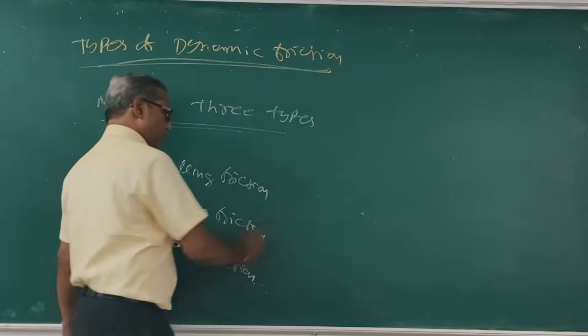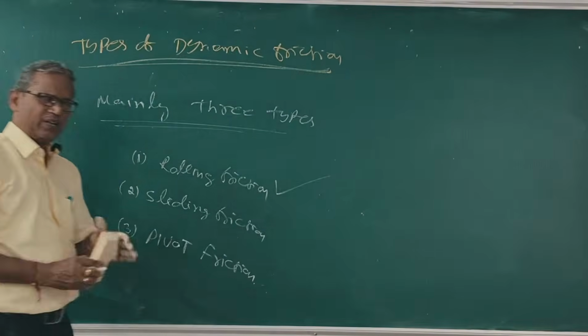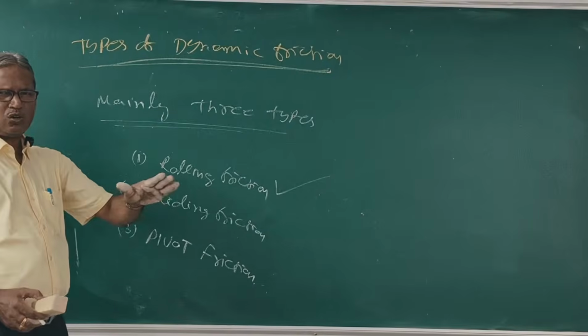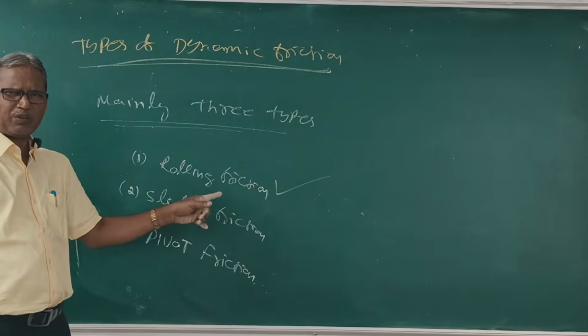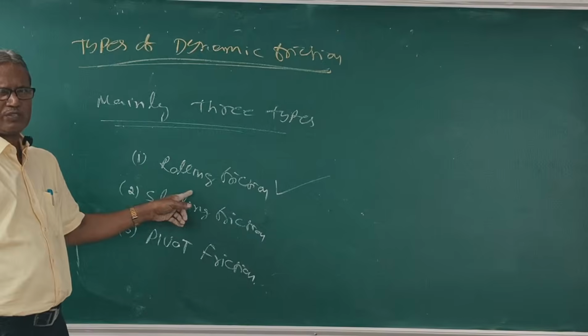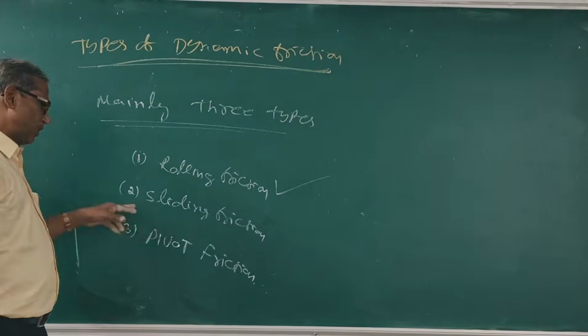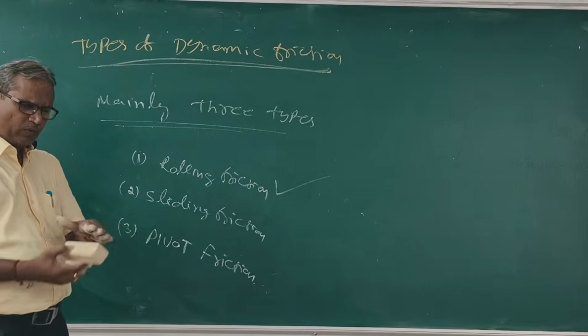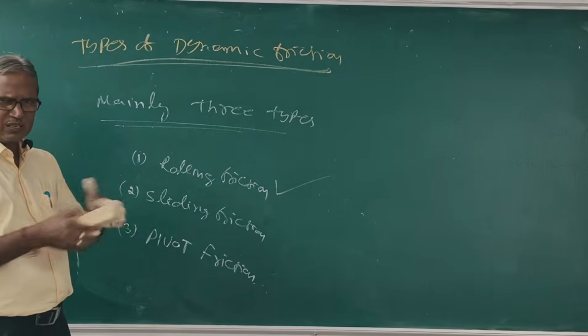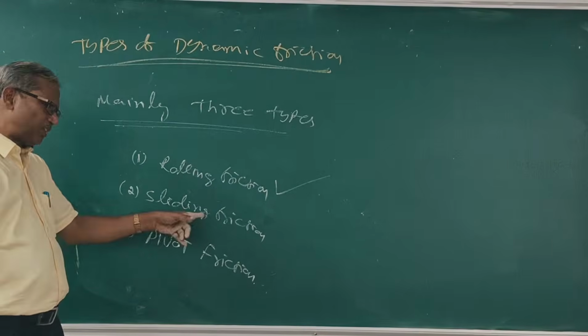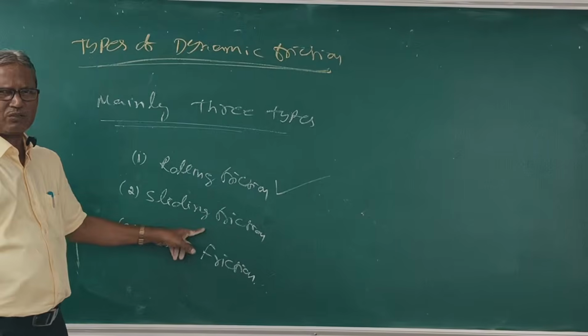What is rolling friction? When one body rolls over the surface of another body, this is called rolling friction. A ball rolling over the plane is rolling friction. What is sliding friction? When one body slides over the surface of another body, it is called sliding friction.